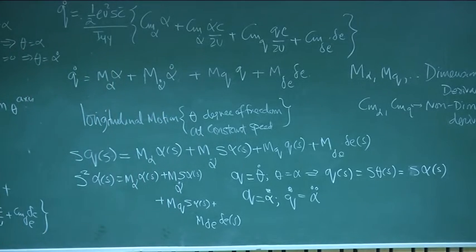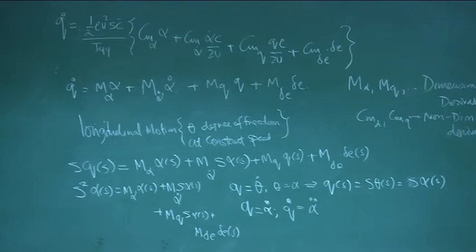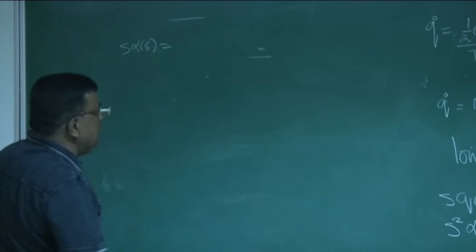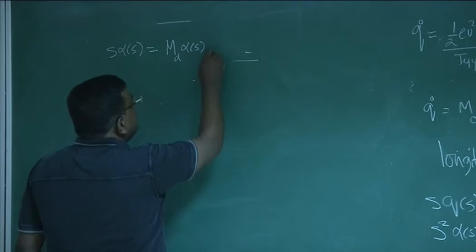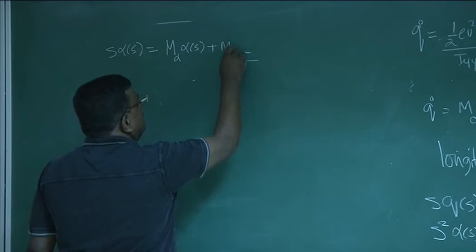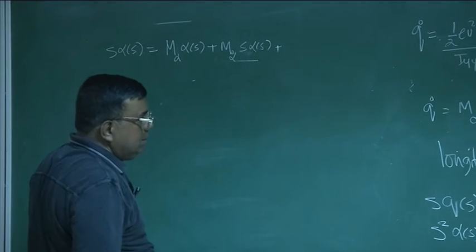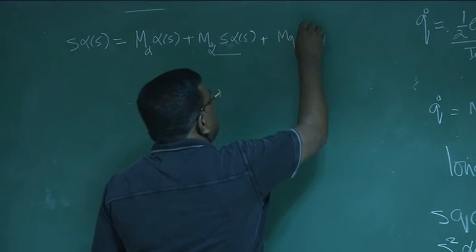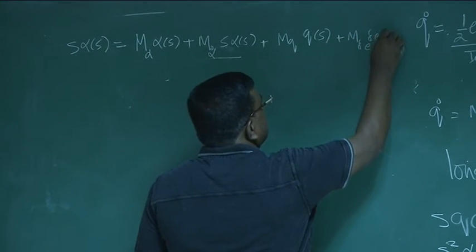Okay, let me write it again so that you understand, because I could see so many terms going here and there. So let me write like this. S alpha of S equals M alpha into alpha of S, no problem, plus M alpha dot into S alpha of S, no problem here, plus M Q into Q of S, then M delta E into delta E of S, right?